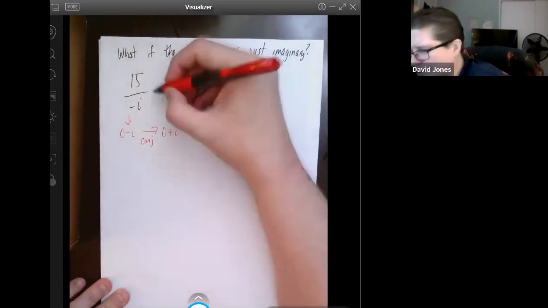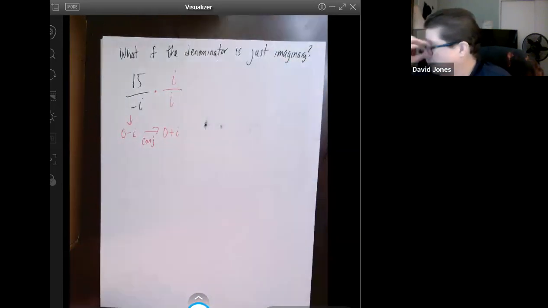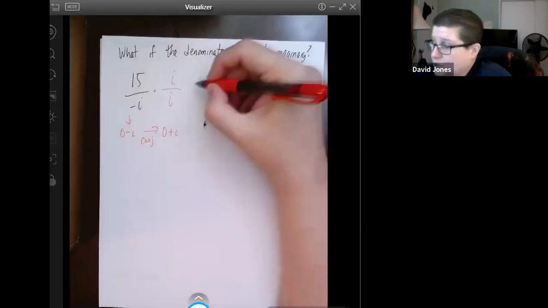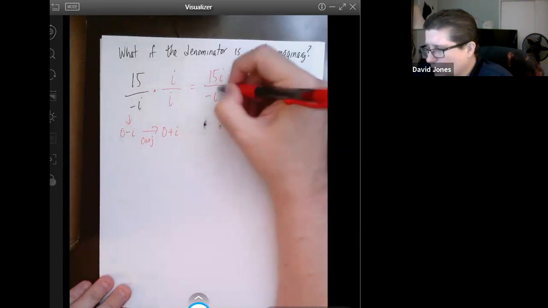So what I'm really just going to multiply by is i over i, which gives me 15i on top and negative i squared on bottom.